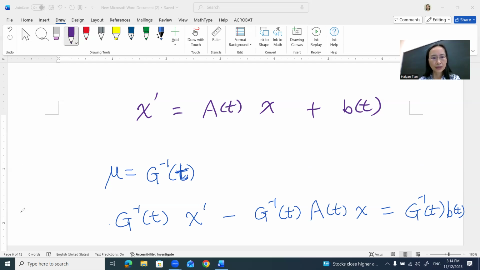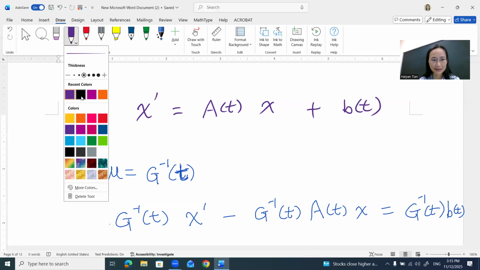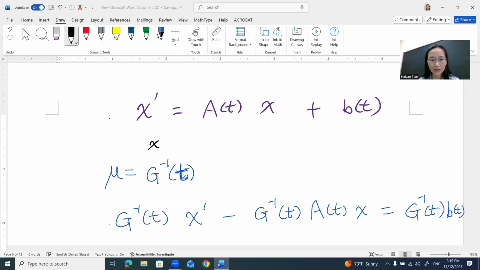So you recall that when we handle this problem, just think of a single equation case, because it doesn't hurt. When we have just one single equation, derivative minus some function times x equals b of t, that's a linear equation, right?